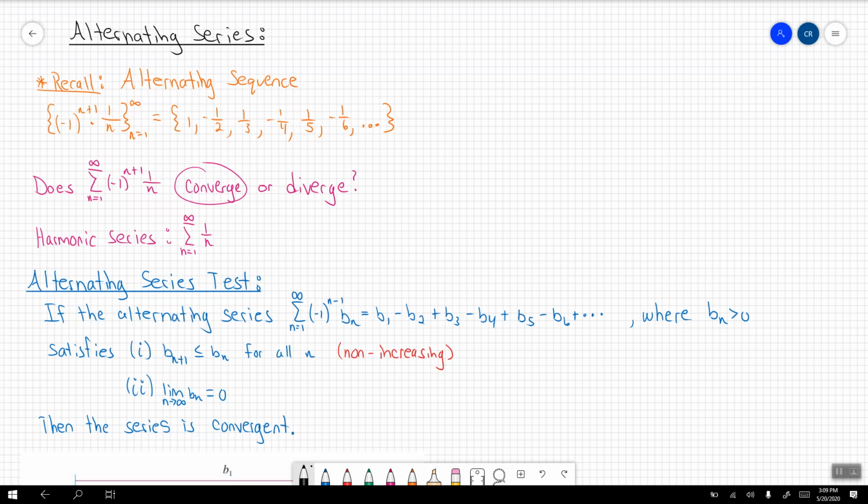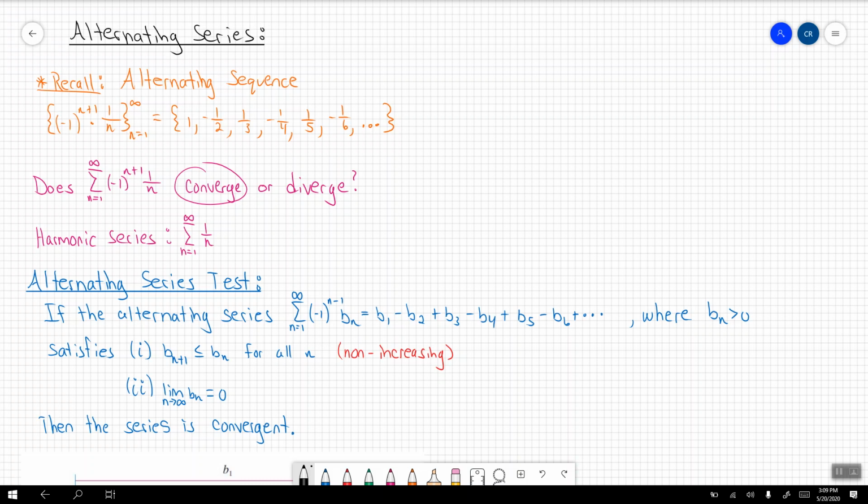All right, that does not mean that it's going to be increasing, it just means that it's non-increasing. All right, so number two, we're also going to consider that the limit of that function b sub n is also equal to 0, meaning that it tends to 0 as n goes towards infinity. If that's the case, then this series is going to be convergent.